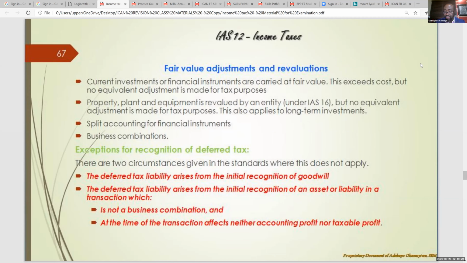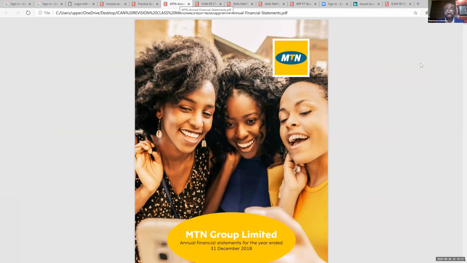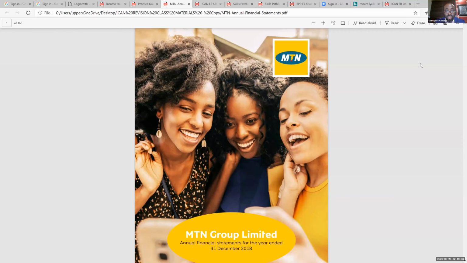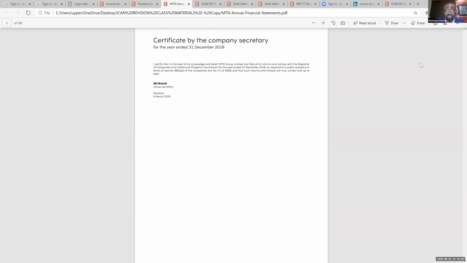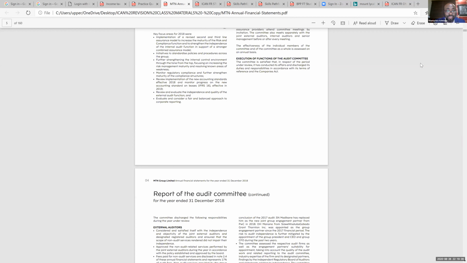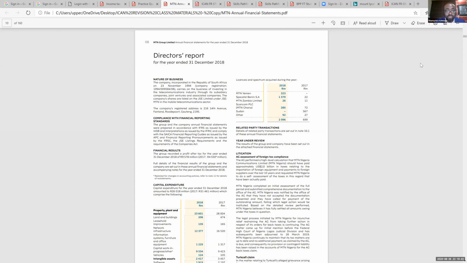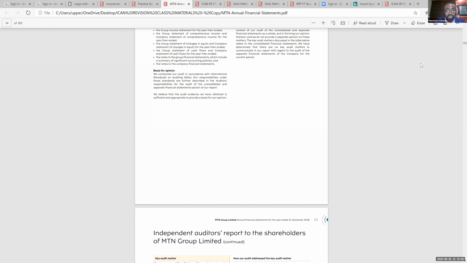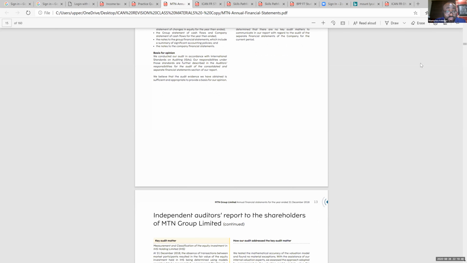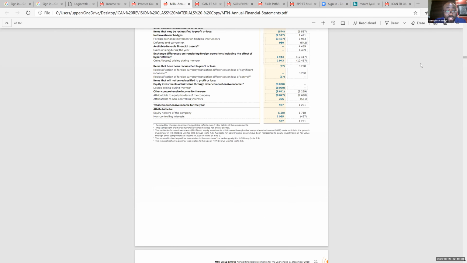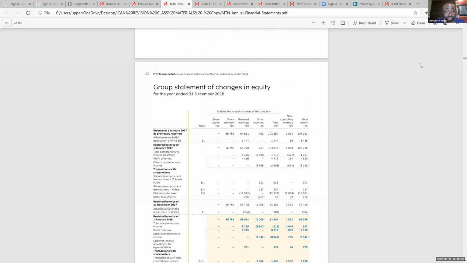MTN annual financial statement in this regard, in the disclosure of information, the income tax is on note. Let me try and check the notes.